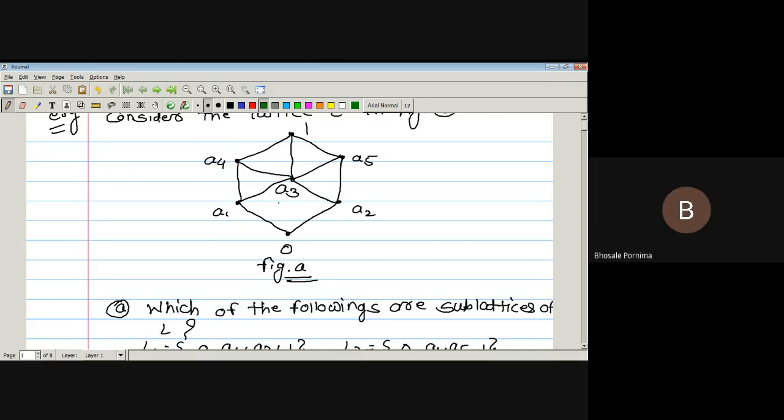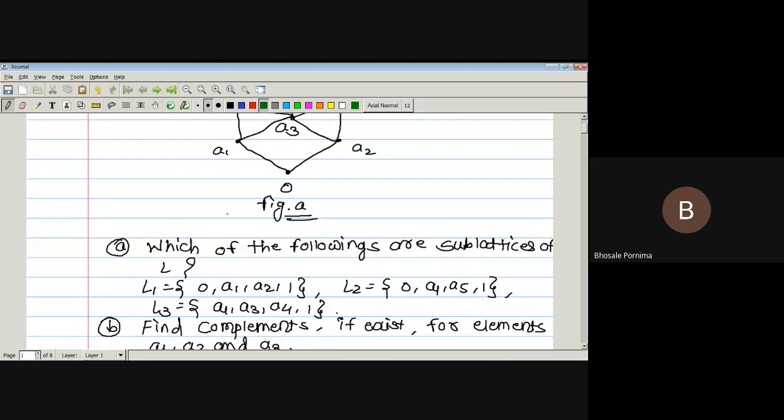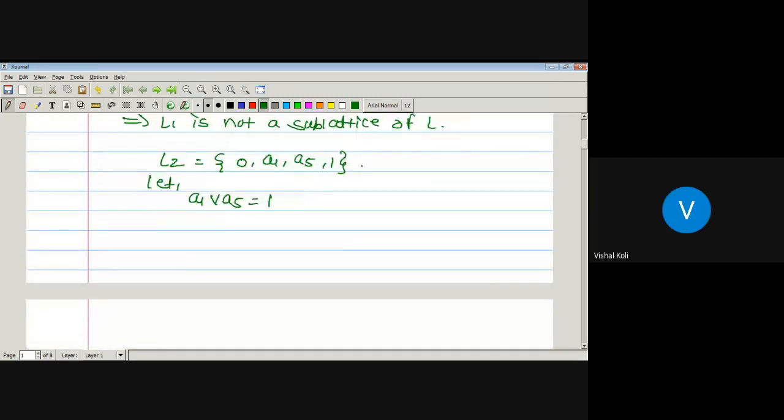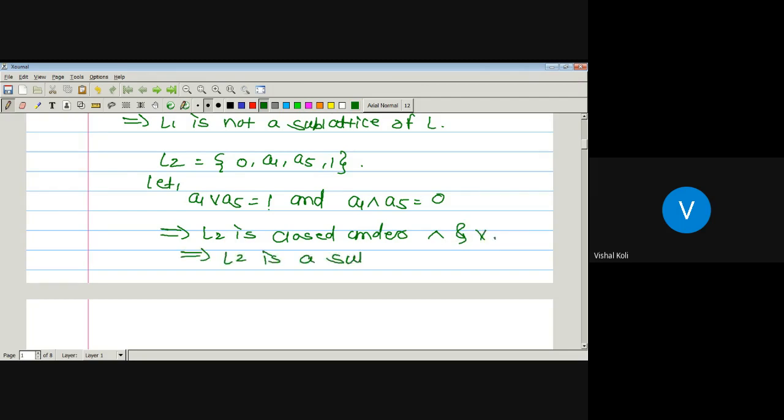Okay, so here A1 join A5 will be 1 and A1 meet A5 is 0, and 1 and 0 both are the members of L2, which implies L2 is closed under both the operations join and meet, which implies L2 is a sublattice of L.